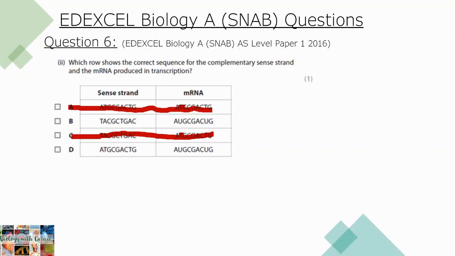That means that the template strand that complementary base pairs with the sense strand is going to have the code A to T, and then A matches with T, and then C matches with G. So this would mean that the mRNA structure would begin with U, A, C. However, for B, we can see that we have got AUG, not UAC.